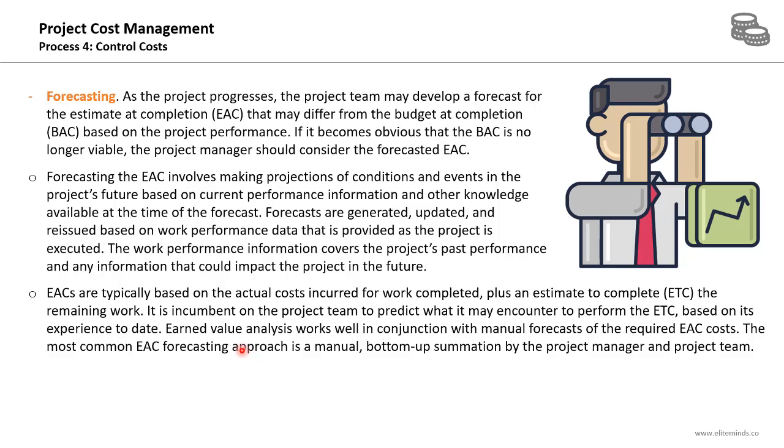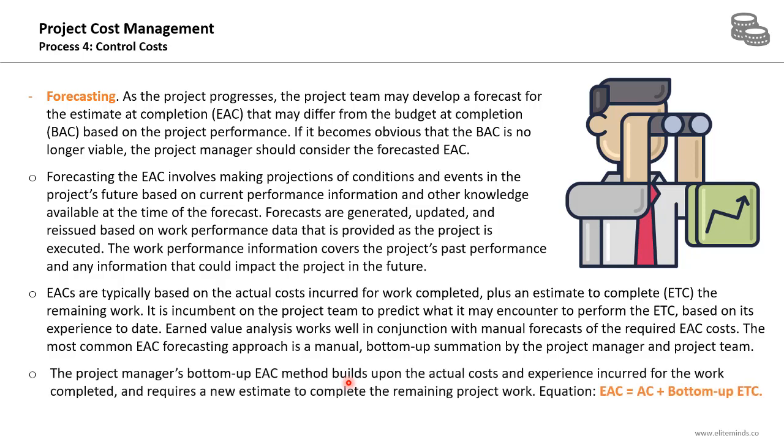It is incumbent on the project team to predict what it may encounter to perform the estimate to complete based on its experience to date. Earned value analysis works well in conjunction with manual forecasts of the required estimate at completion costs. The most common budget at completion forecasting approach is a manual bottom-up summation by the project manager and the support of the project team.